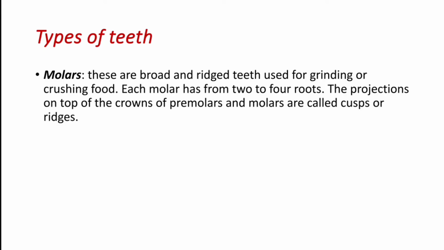What they are saying here is that the projections found on the crown of the premolars as well as the molars are called cusps or ridges. They just mean the same thing. They are bumps. So if you feel on top of the premolar or the molar, you are going to feel bumps. Those are the cusps or ridges.